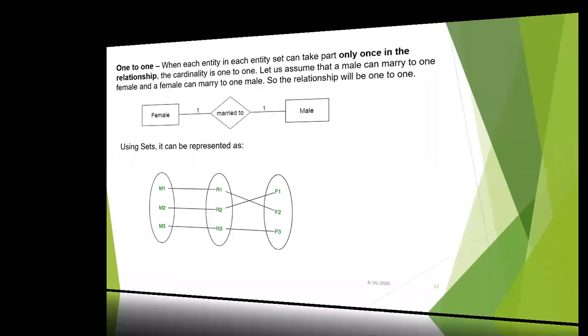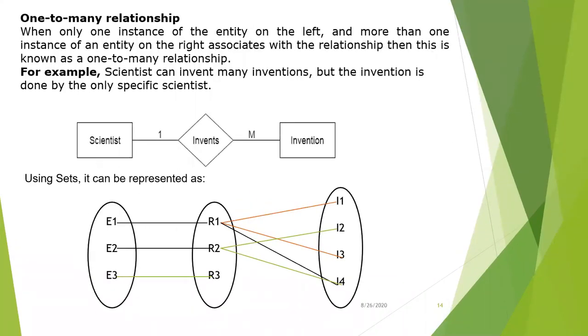Now I am going to the next topic, one-to-many relationships. Try to understand the meaning of this one-to-many. On the left side there is only one participation, and on the right side many relationships, that is, more than one instance of the entity on the right side.